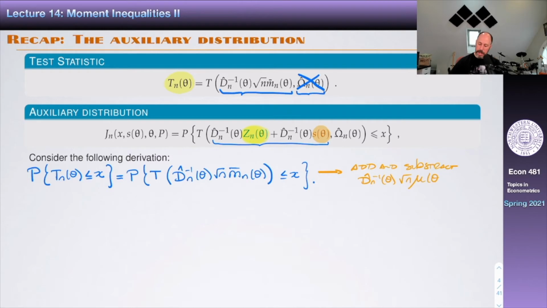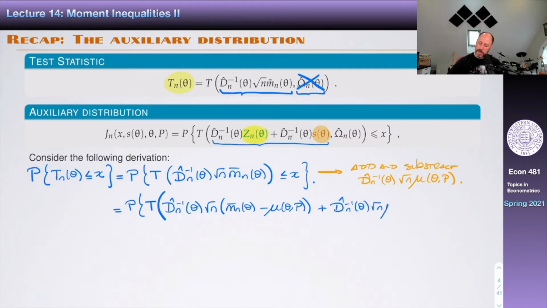So what I have is the probability that the test statistic of D hat n inverse(theta) times square root n, I'm going to open parentheses again, m bar minus mu(theta), plus D hat n inverse(theta) times square root n mu(theta).